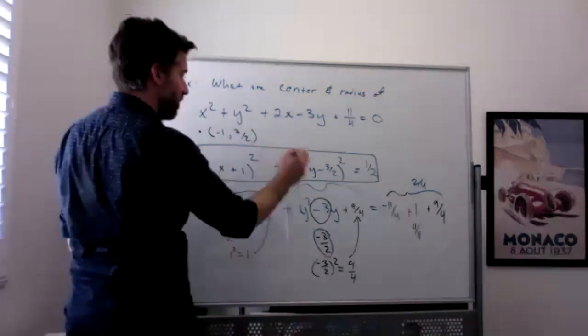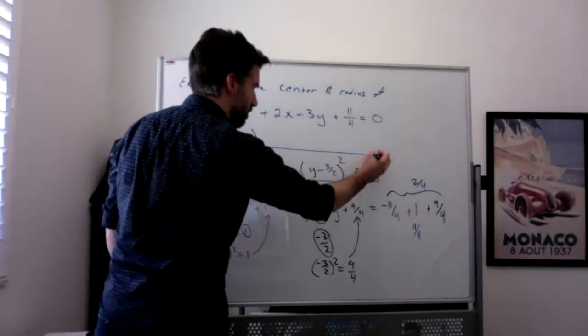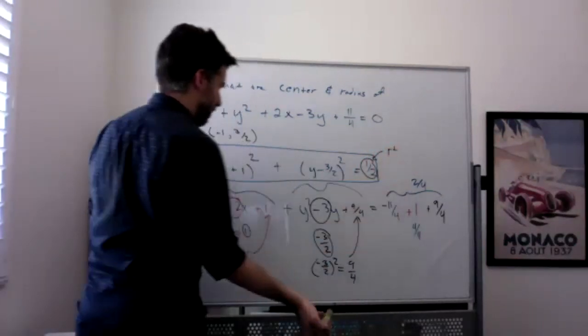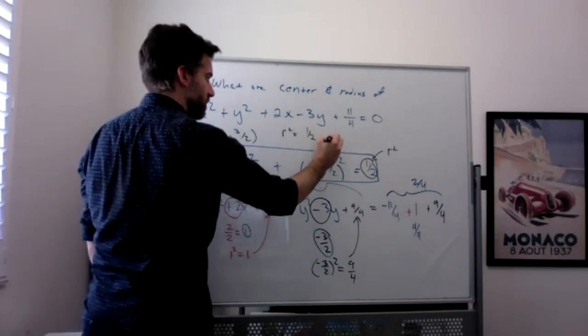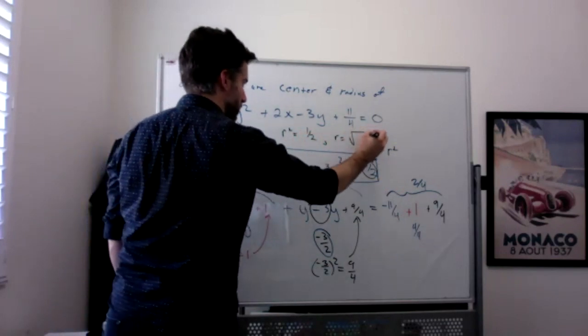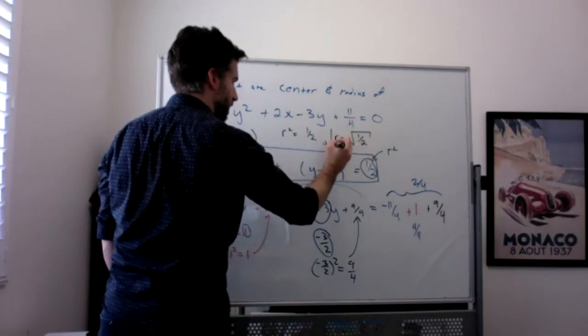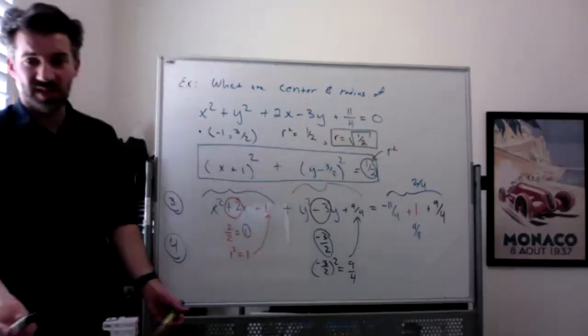My radius, well, I know that this part over here is the radius squared. So the radius squared is 1/2, which means that the radius is the square root of 1/2. And that would probably be fine, but you could also simplify that.